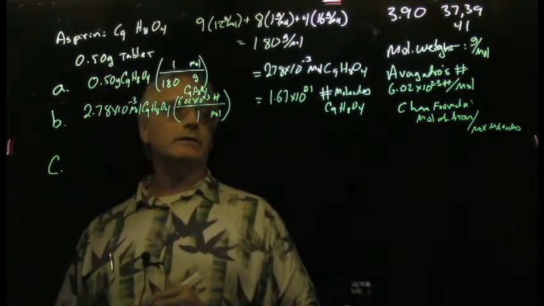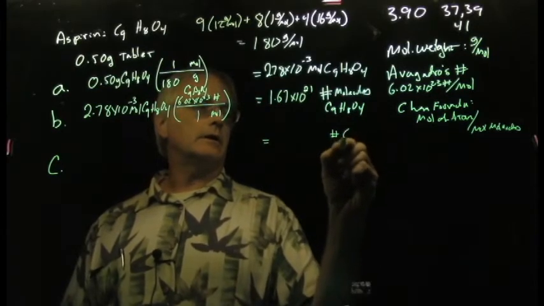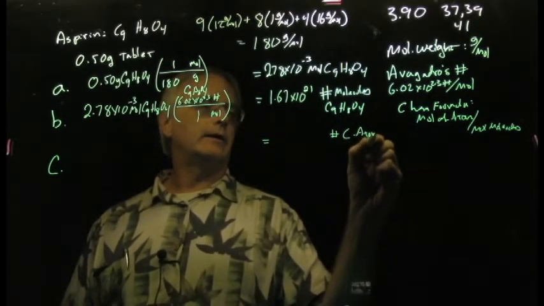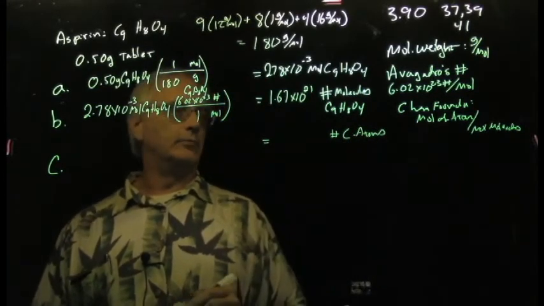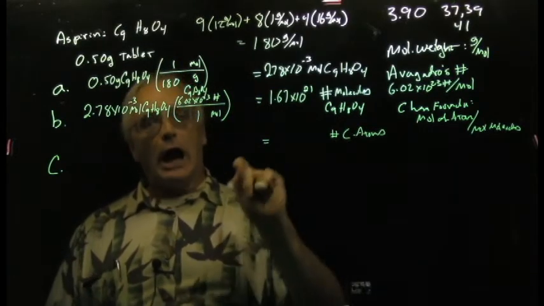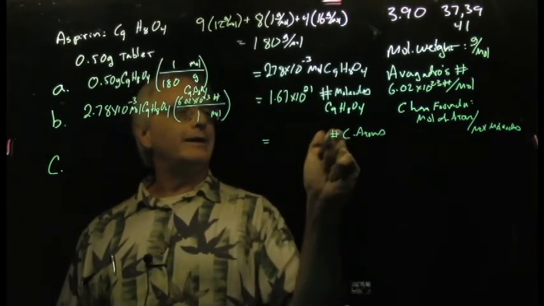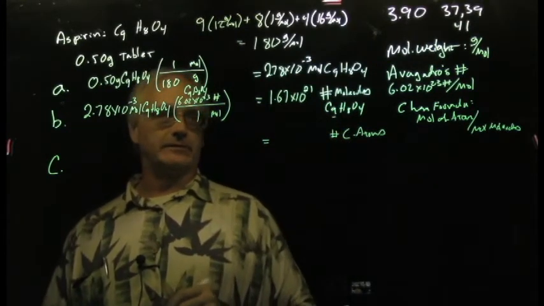Part C. And they ask us here, what's the number of carbon atoms? Number of carbon atoms in this half-gram tablet. Well, wow, we want carbon atoms. We want a part of the molecule, not the number of molecules itself, but how many of these little dooflodges are in there.